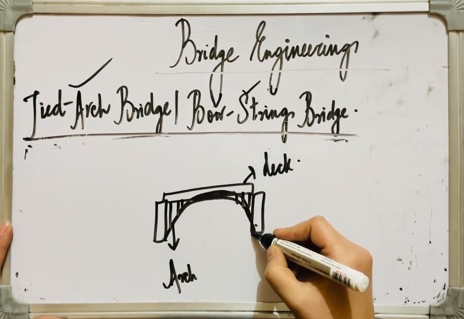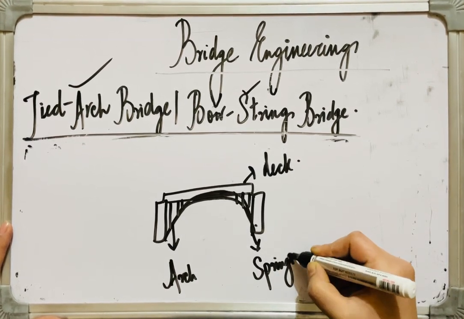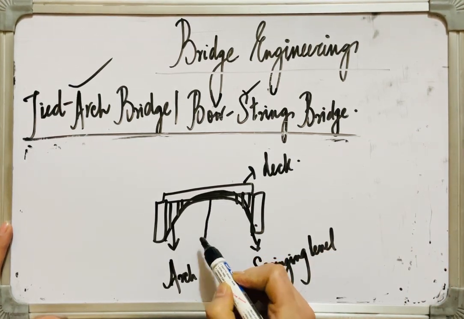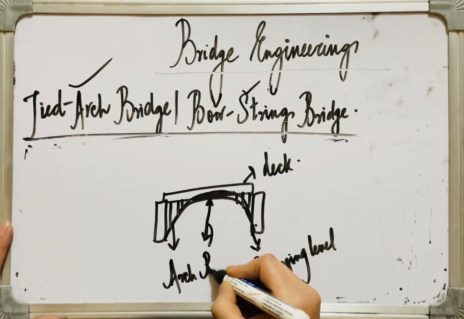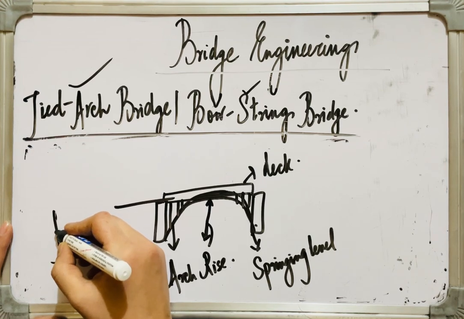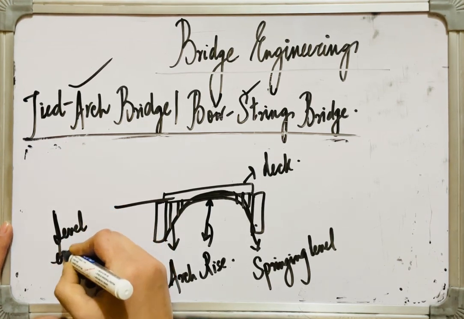This is the springing level of the arch. And this is the rise of the arch. This is the formation level or the approach level of road.